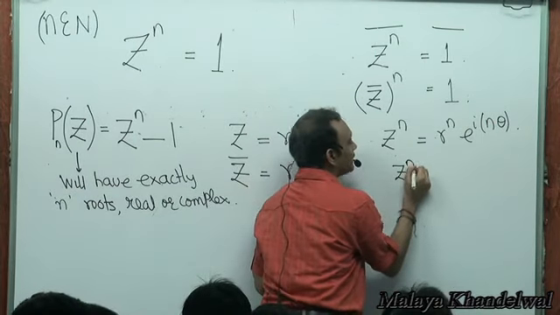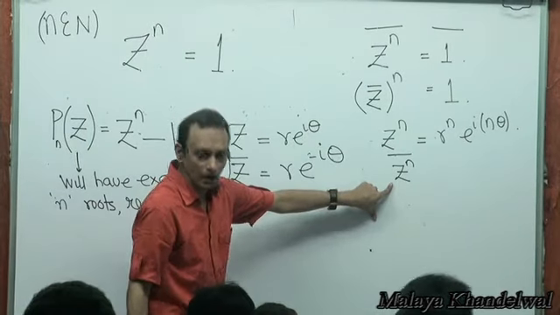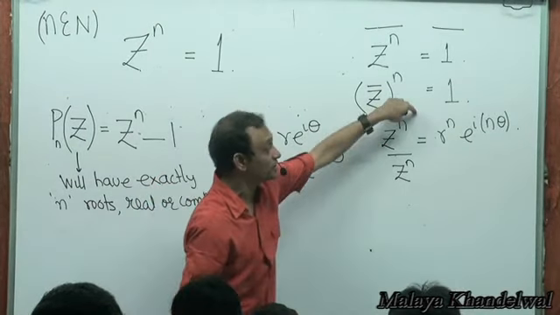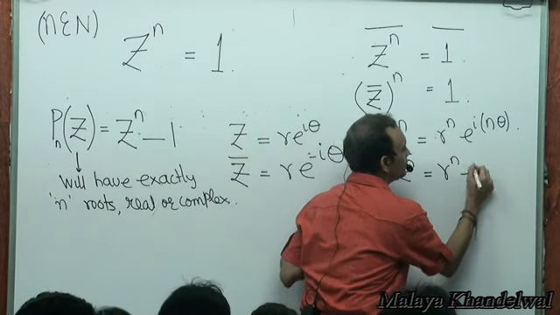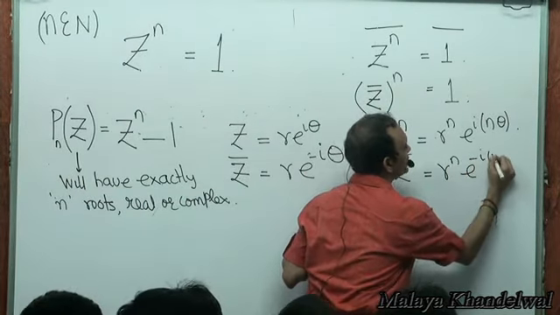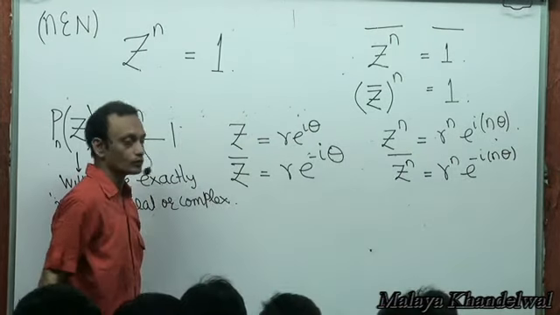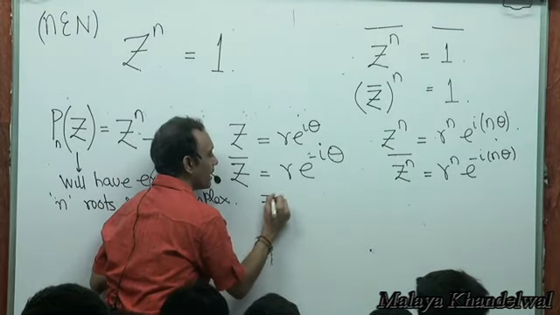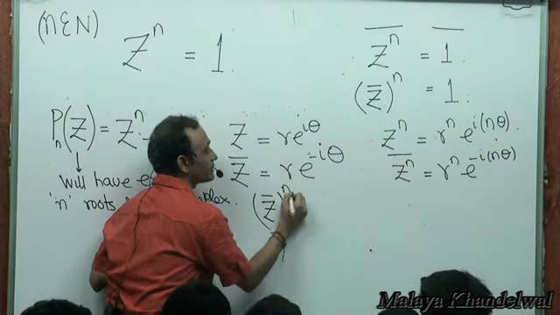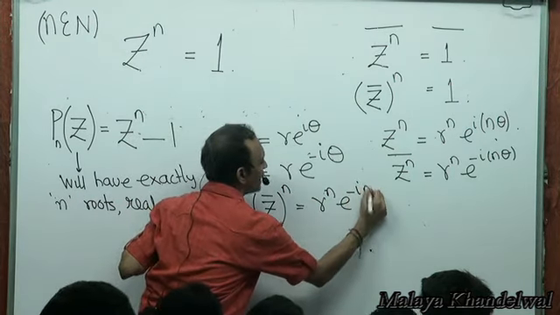Bar of z to the power n: bar of this will be r to the power n e to the power minus i n theta, yes or no? Now, what is z bar to the power n? z bar whole to the power n is going to be r to the power n e to the power minus i n theta.